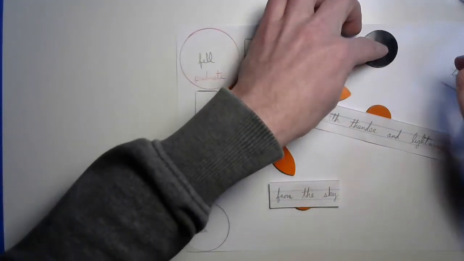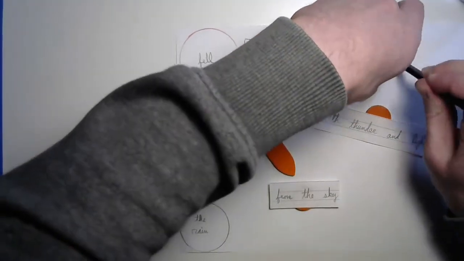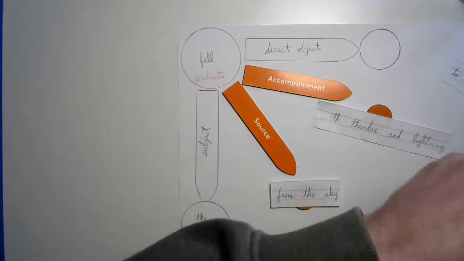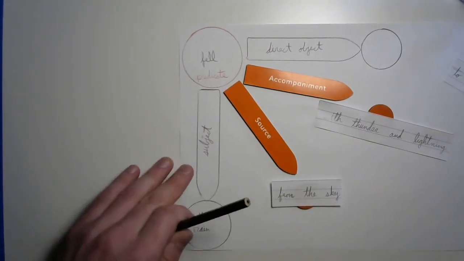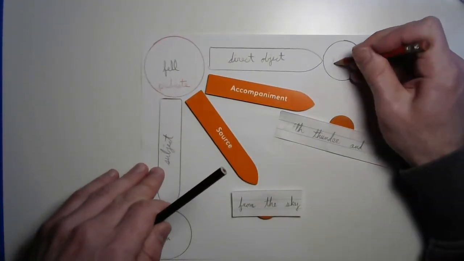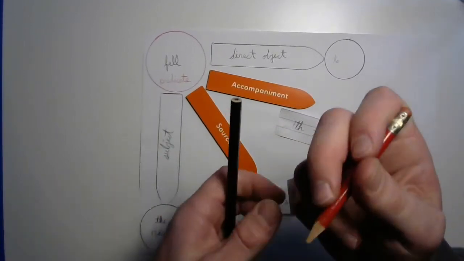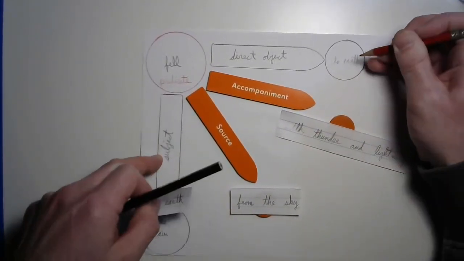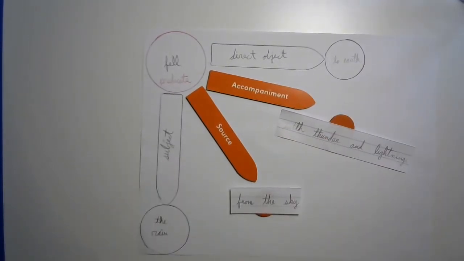And to get that circle traced as well. To earth. It was stuck to my hand. Watch out for that. If any of your pieces are missing, that might have happened to you as well.